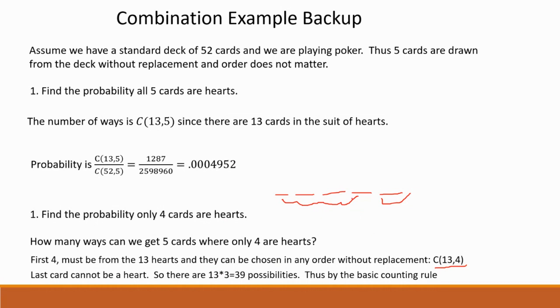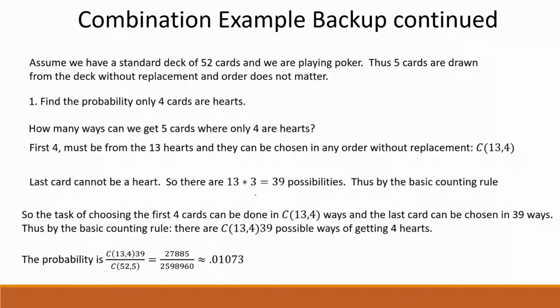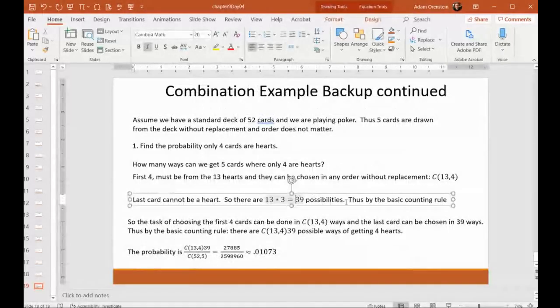So for the first 4, we have that C of 13-4. We have 39 possibilities for the last one. So by the basic counting rule, we just multiply.